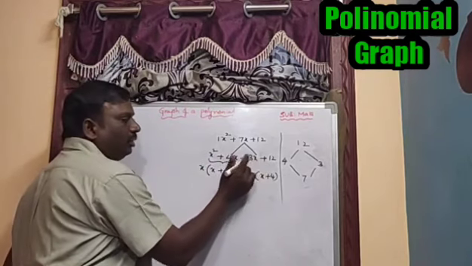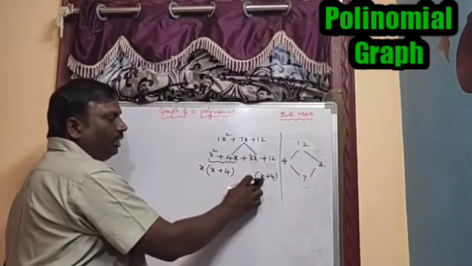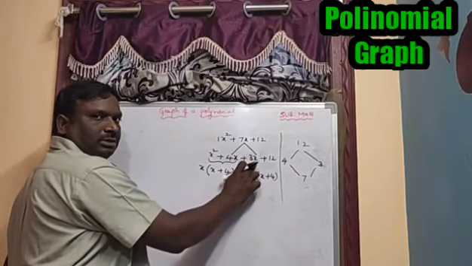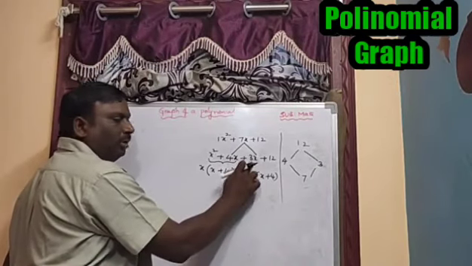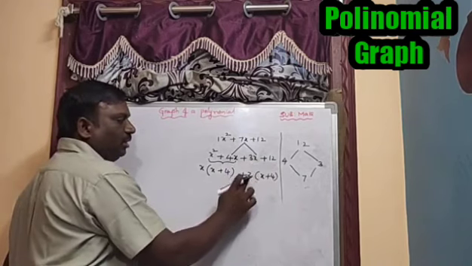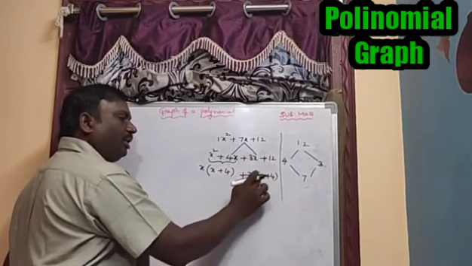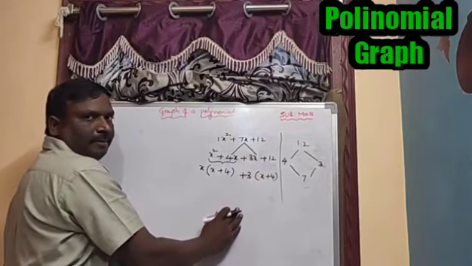Coming to the third term, 3x we need. Already x I wrote here. What number do we have to multiply to x to get this third term? Plus 3 if you multiply, definitely we will get third term, 3x. Plus into plus plus, 3 fours are 12. Automatically it will satisfy the next term also.